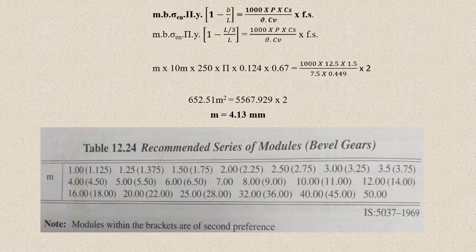So after putting all the parameters, we will get the value of module, that is 4.13 mm. Now check this value with respect to the standard table given in the design data handbook. 4.13 lies in between 4 and 5. It means the considerable value of module will be 5 mm.